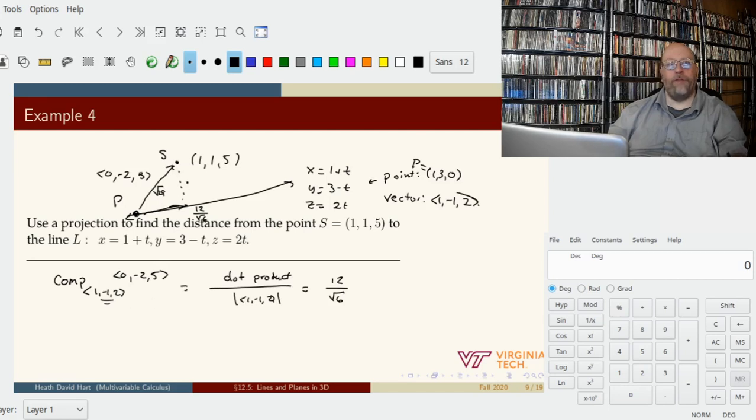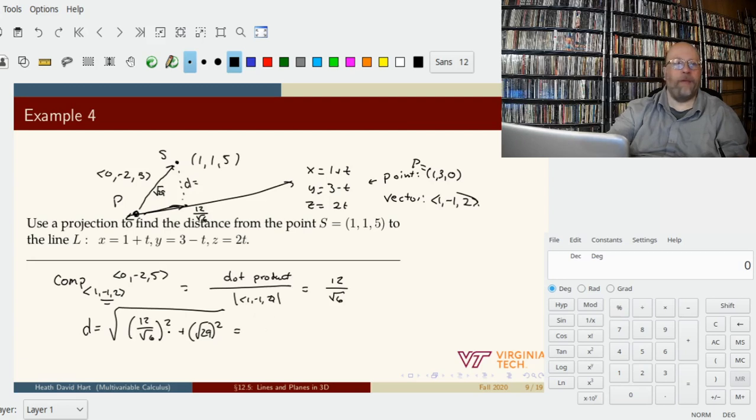And so to find the third side, we use the Pythagorean theorem. The distance will be the square root of 12 over square root of 6 squared plus square root of 29 squared. And that turns out to be the square root of, not plus. I messed that up. Let me back up here.